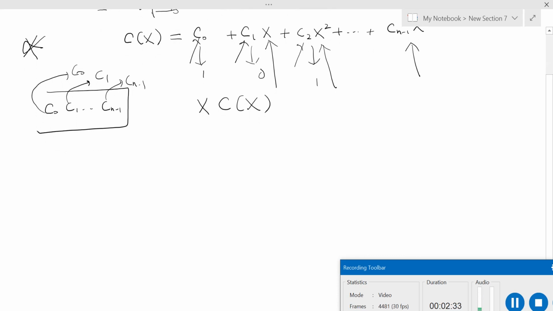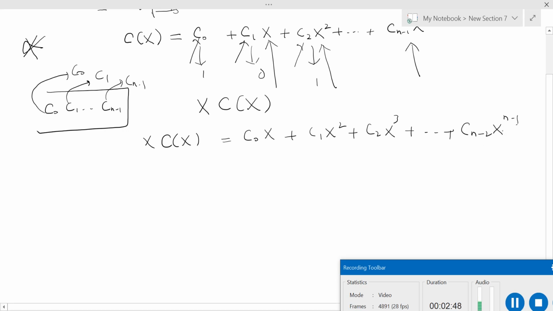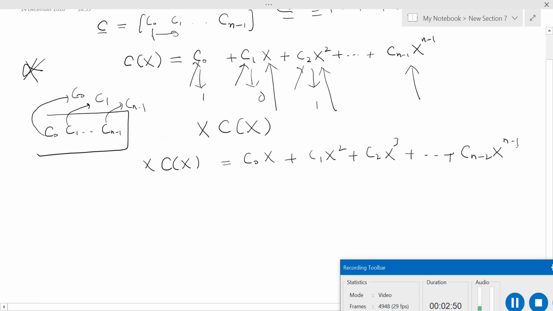So you get x c of x as c0 x plus c1 x square plus c2 x cube plus up to cn minus 1 x to the n.